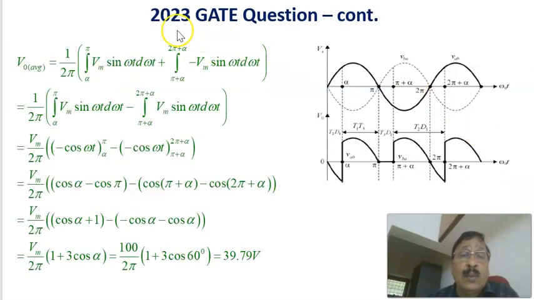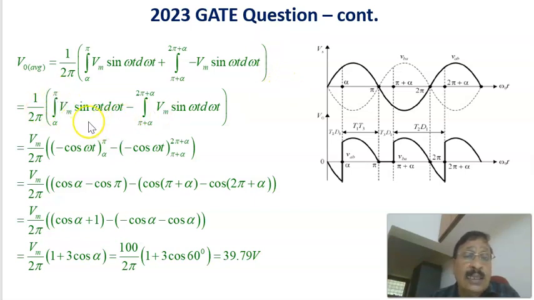Now continuing the same problem, the 2023 GATE question, in which this is the input voltage and here this is the output voltage, and we have to find the average output voltage. To find the average output voltage, V0 average equals 1 by 2 pi times the integral from alpha to pi of Vm sin omega t, plus from pi plus alpha to 2 pi plus alpha of minus Vm sin omega t d omega t.